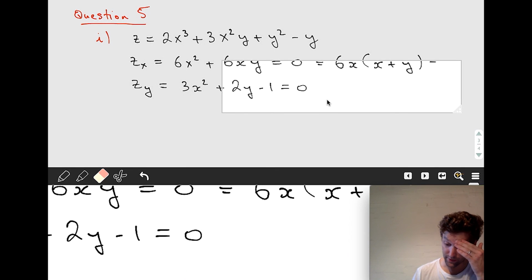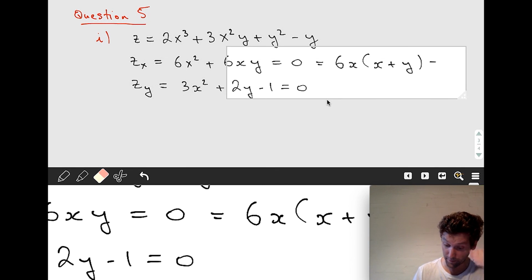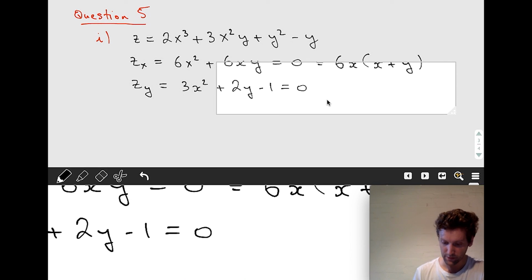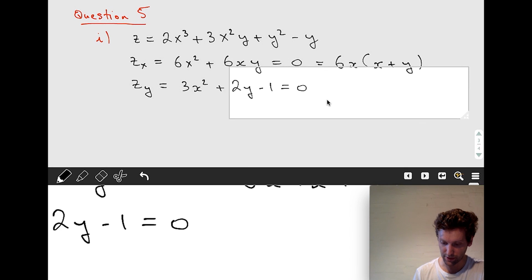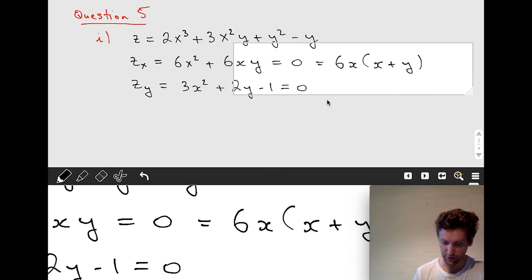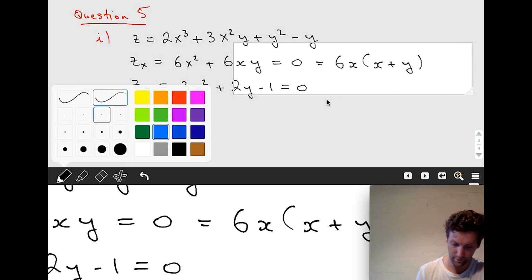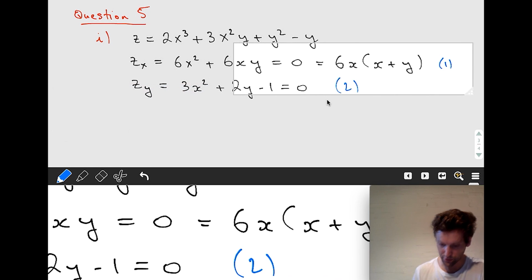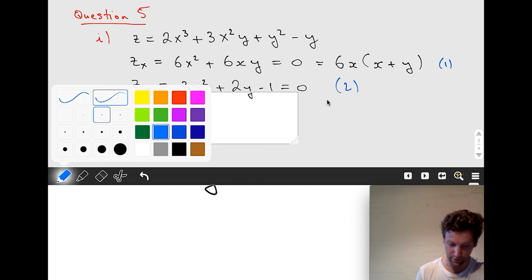And there's no factor that I can take out of the second expression, but I can rewrite it as an expression for y in terms of x. So let's rewrite both of these expressions here, expression number 1 and expression number 2 in slightly more useful form.